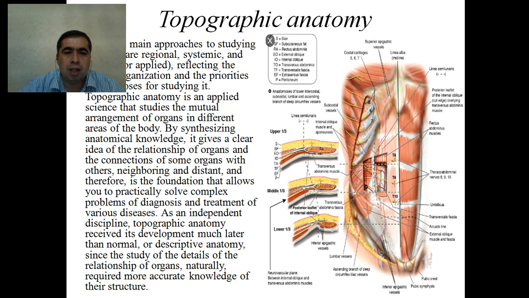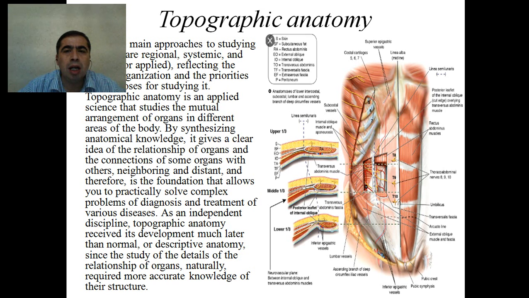Each region, the main body, is divided into parts, head part, trunk part. Trunk also has several subdivisions like the chest, abdomen, and the back. Also the upper and the lower limbs.